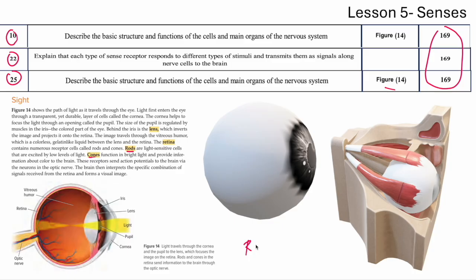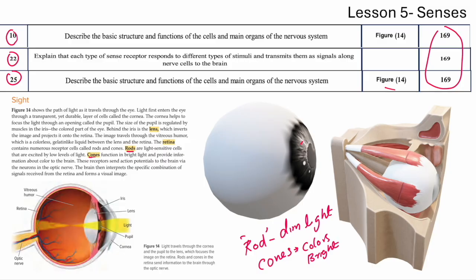So rods are for seeing images in dim light. When there is less light, your rod cells will be more active. And cones are the sensory receptors that help you to see colors, and they also work in bright light.